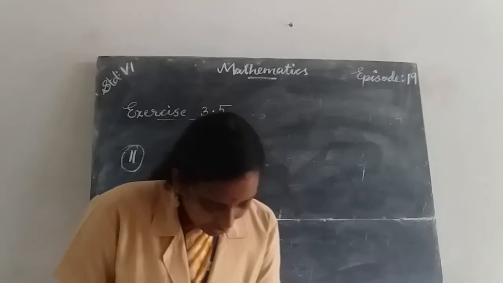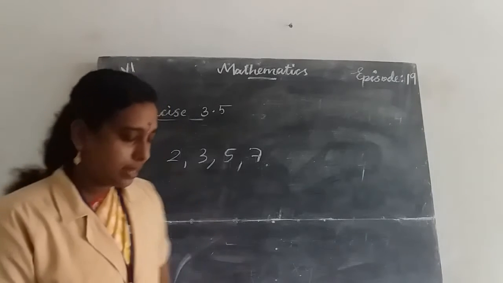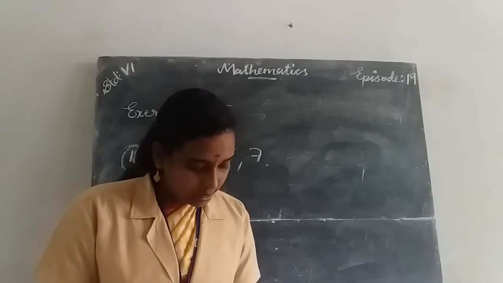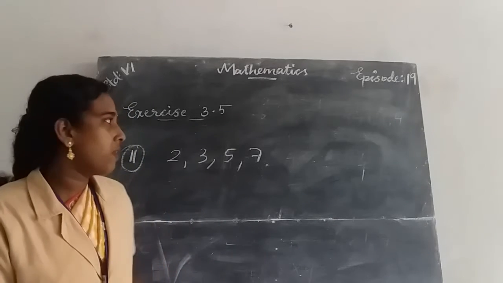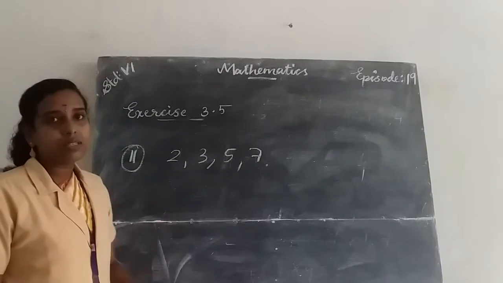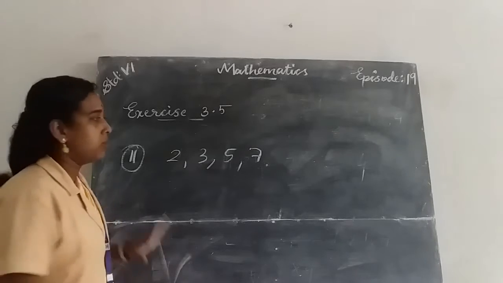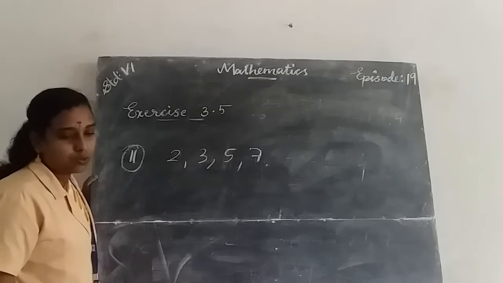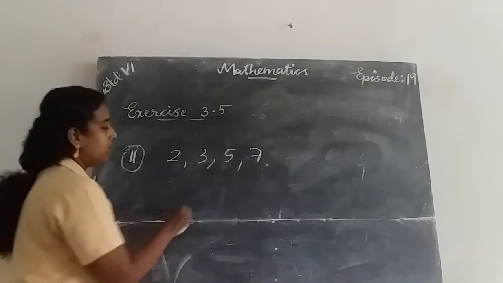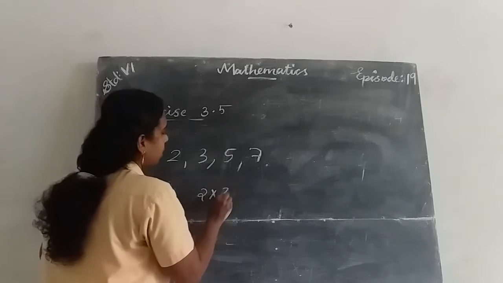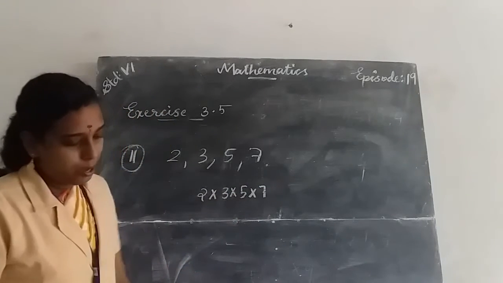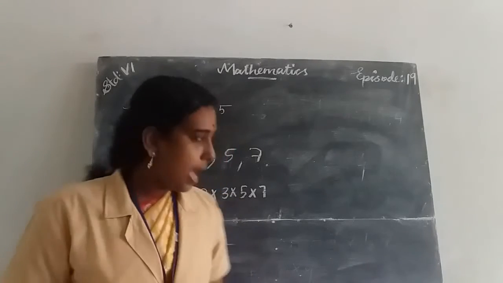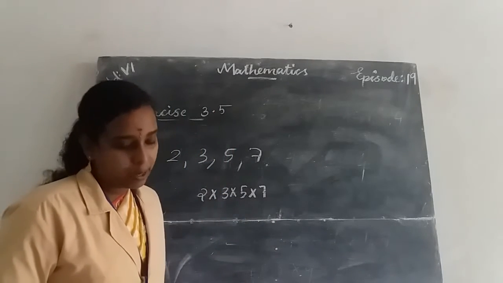And hence, for finding the required number, which means the smallest number having 4 different factors, we take the product of the first 4 prime numbers. So the first 4 prime numbers are 2, 3, 5 and 7. Then we find the product, then we get the smallest number having 4 different prime factors.